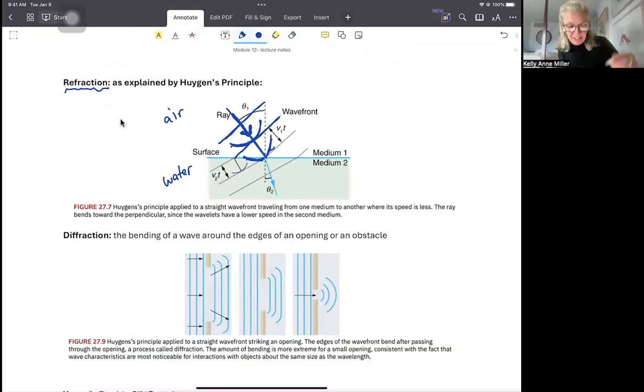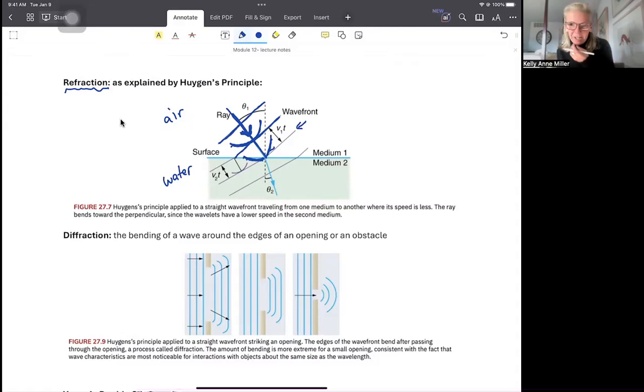At this point here, this part of the wavelet is still in air and this part is in water. So this part's going to slow down, which is why the light bends towards the normal. So this is a way of explaining why refraction happens.